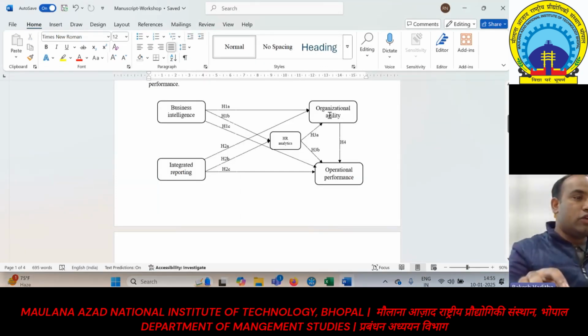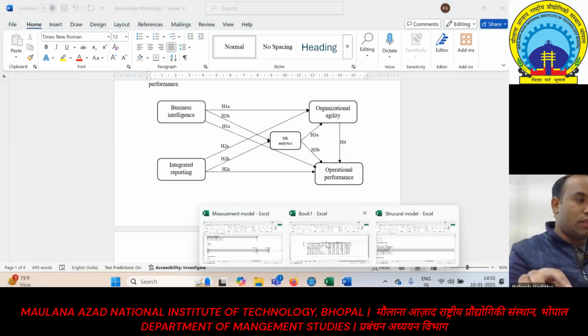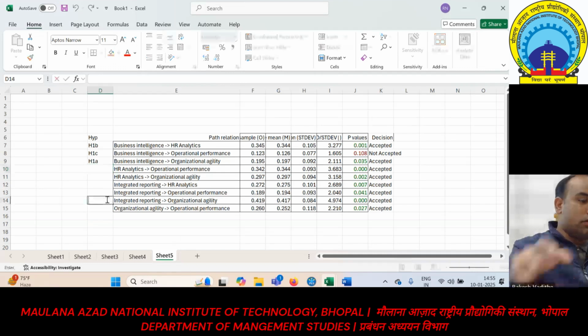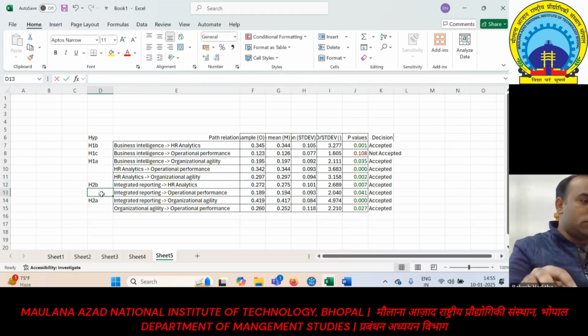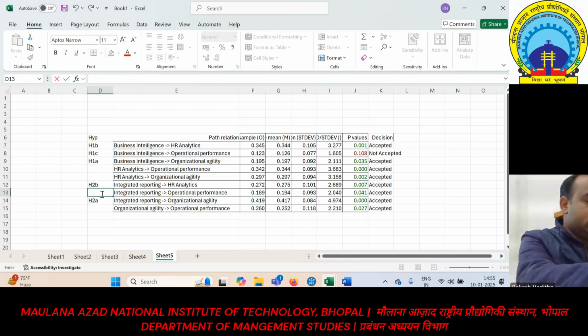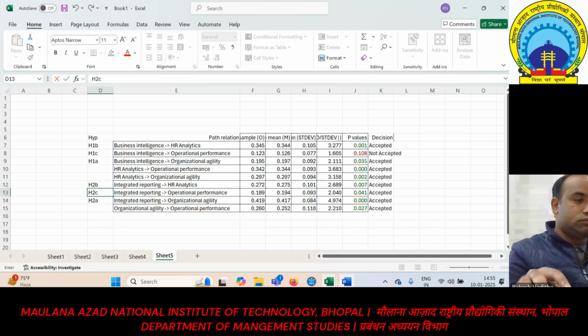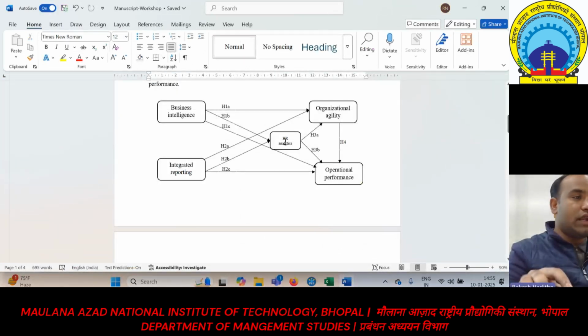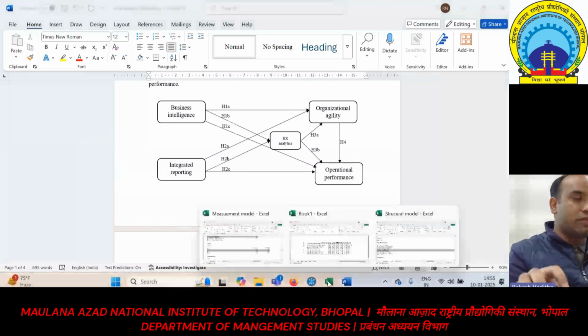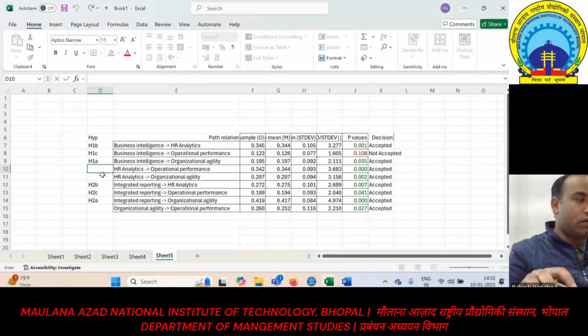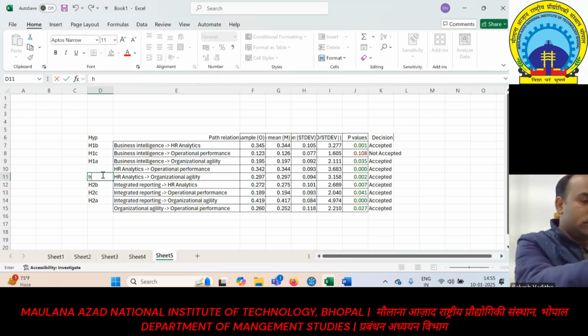H2A is integrated reporting to organizational agility. H3A, 3B, HR analytics to organizational agility and operational performance. Then finally H4.